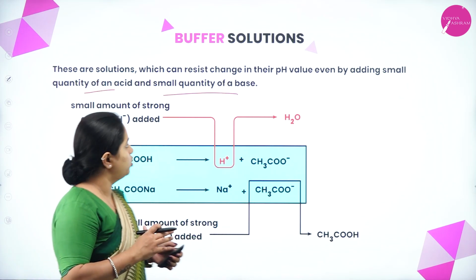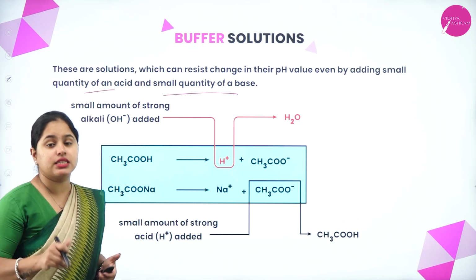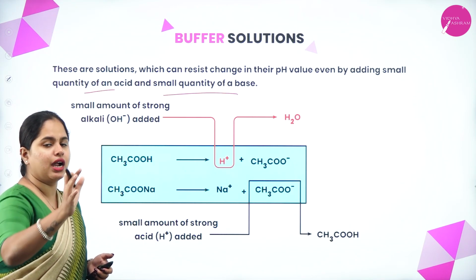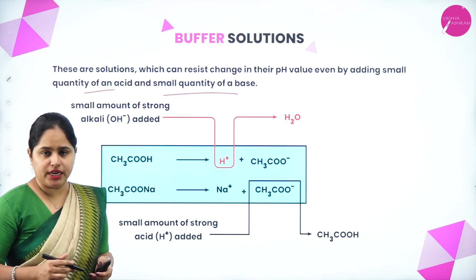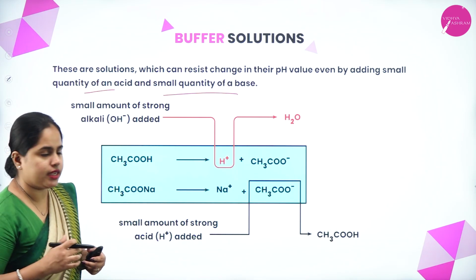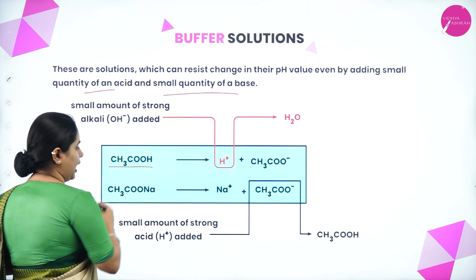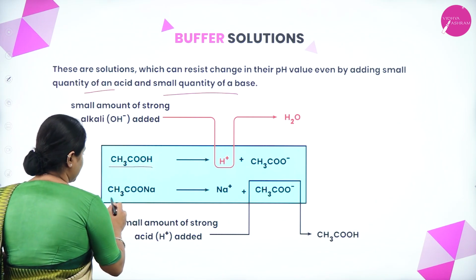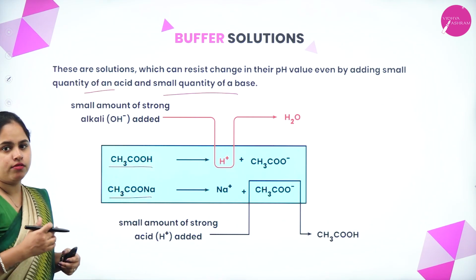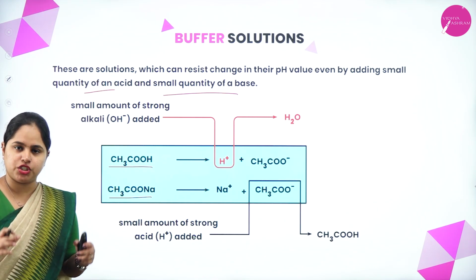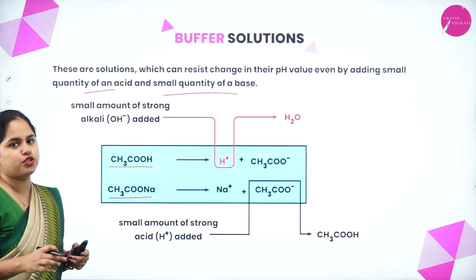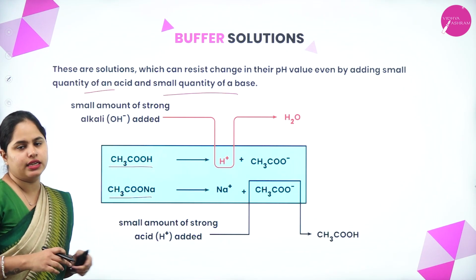So these are the solutions which can resist the change in pH even if we add small amount of acid or base. So how does this happen? Here for the buffer solution, we have taken the example of acetic acid CH3COOH as well as CH3COONa, which is the sodium salt of acetic acid, right? So this is a mixture of these two which forms a buffer solution, that is a weak acid and a salt.